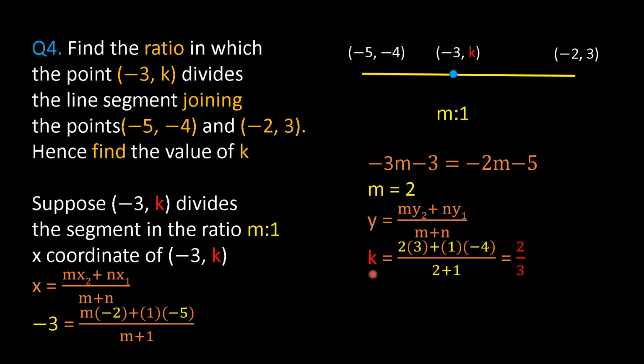So we write k equals (my2 plus ny1) upon (m plus n), that is 2 plus 1. So it gives us 2 3s are 6, 6 minus 4, that is 2, and this is 3, so 2/3. So we get k equals 2/3. Therefore the ratio will be 2:1 and the value of k will be 2/3.